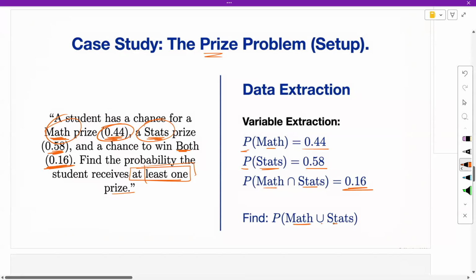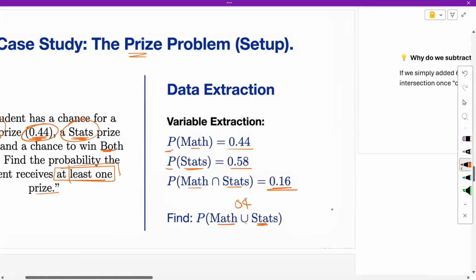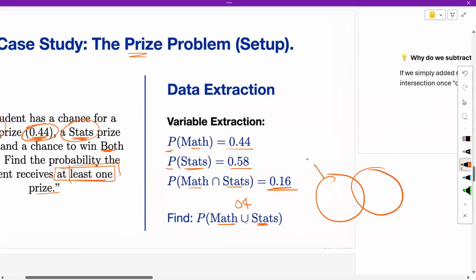Then find the probability of maths union statistics. This is the probability of getting maths, 0.44, the probability of getting the prize for statistics, 0.58, and this is 0.16.